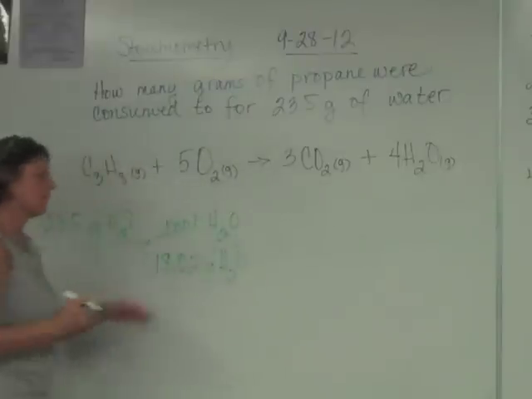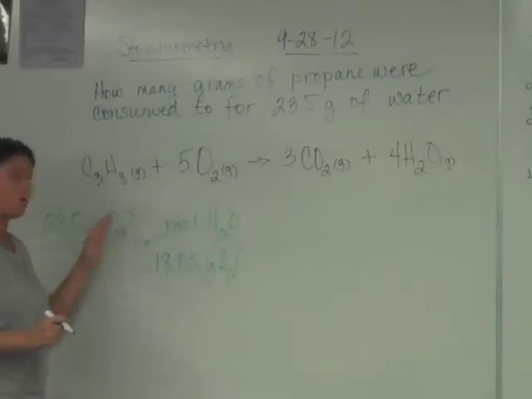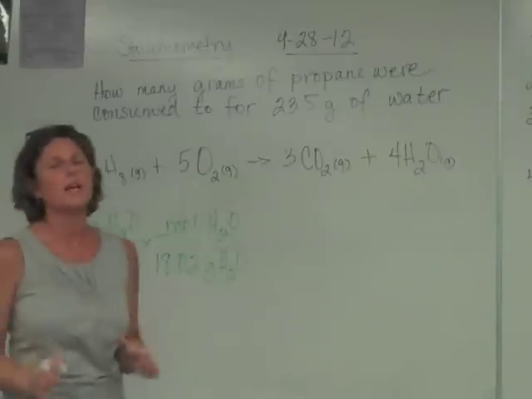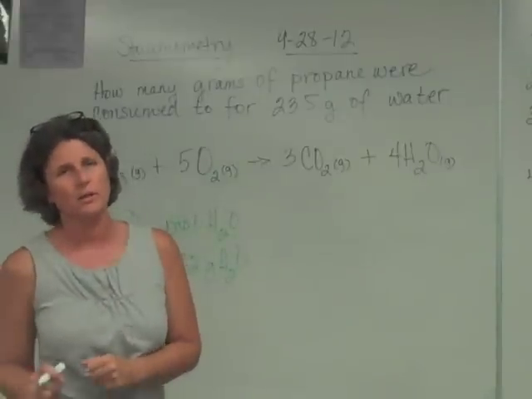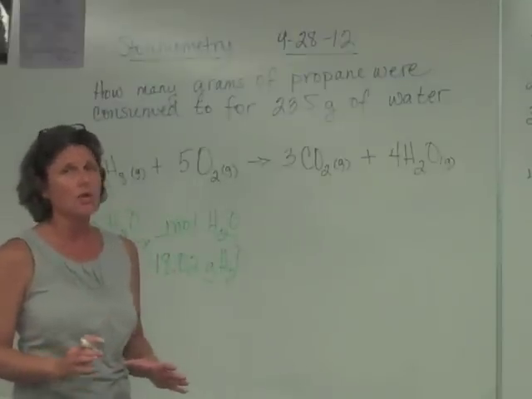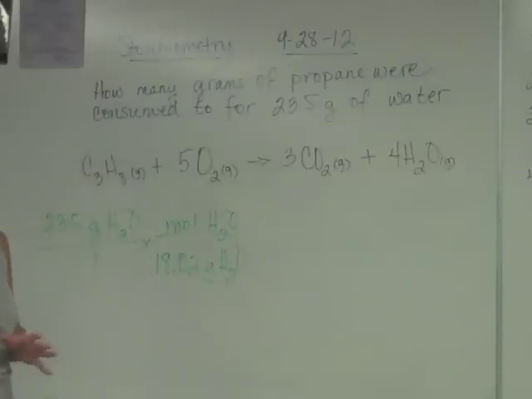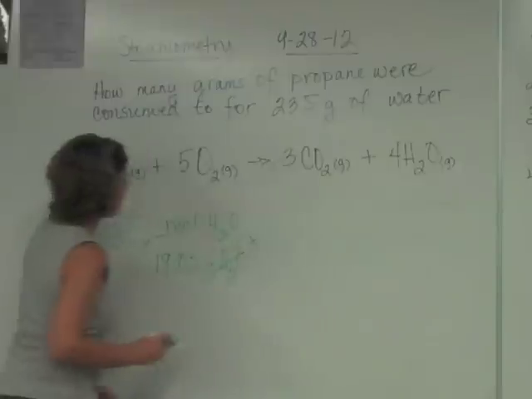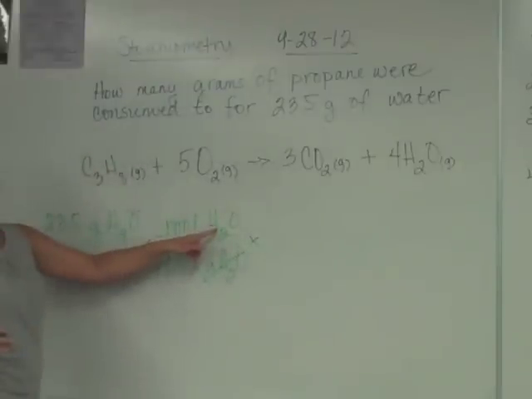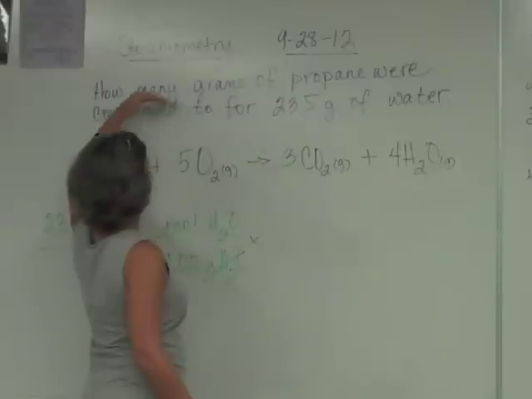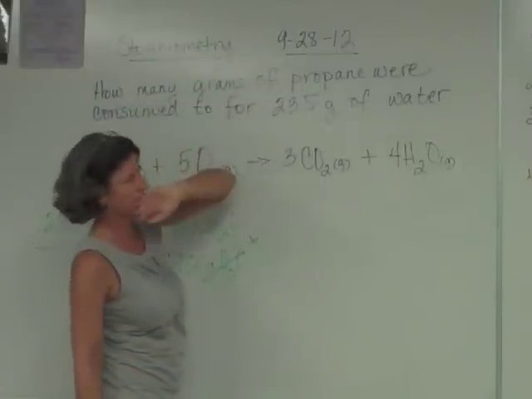It's very important that we write the water, because that lets us know that we have set up our mole ratio correctly. We can cancel out the correct units. So my grams of water cancel. Excellent. My unknown is not water. My unknown is propane. How many grams of propane?